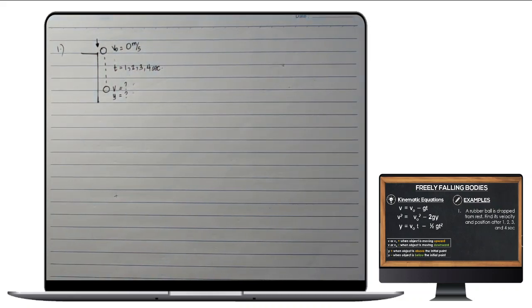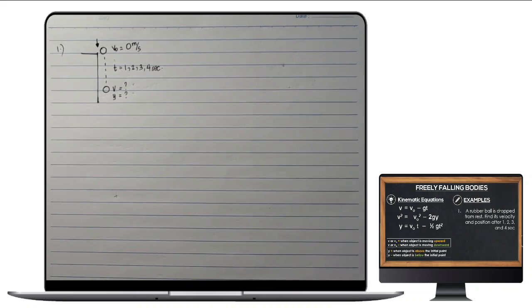So to solve this, again, we are going to use the best formula.